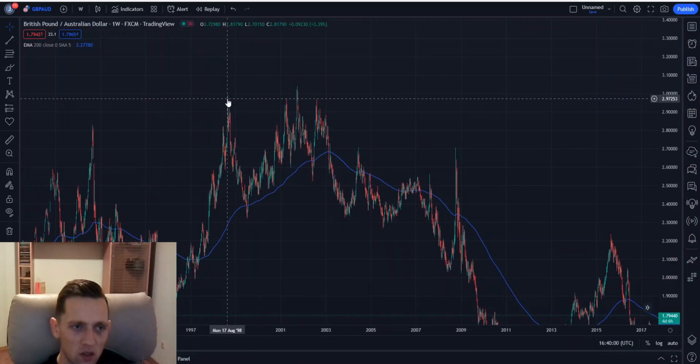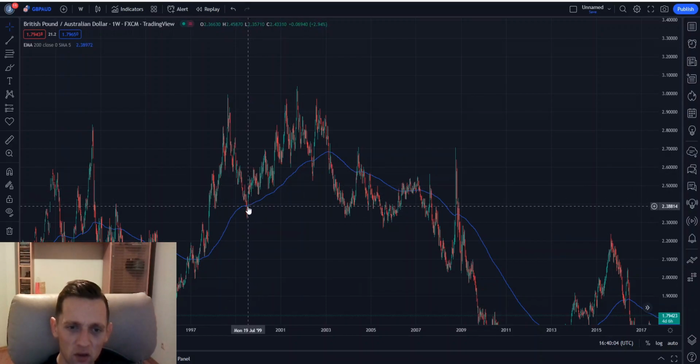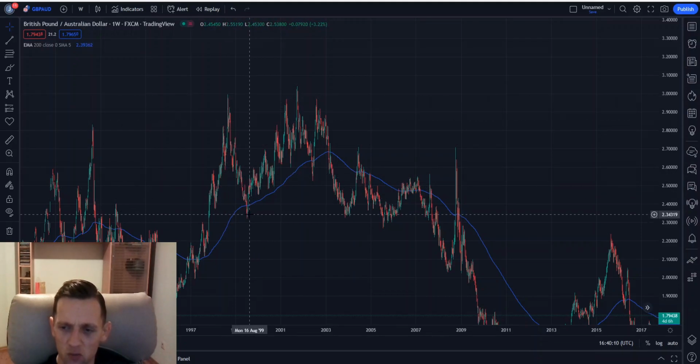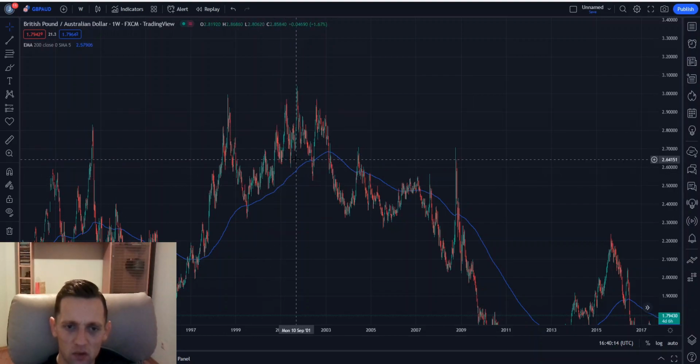And then, I'm trying to find some range years, but there were no actual range years. So then it went from 3 to 2.3, then with some choppier markets it went from 2.3 to 3 again, but without much ranging.